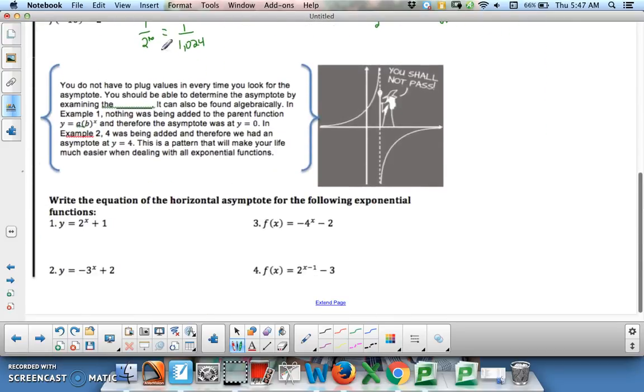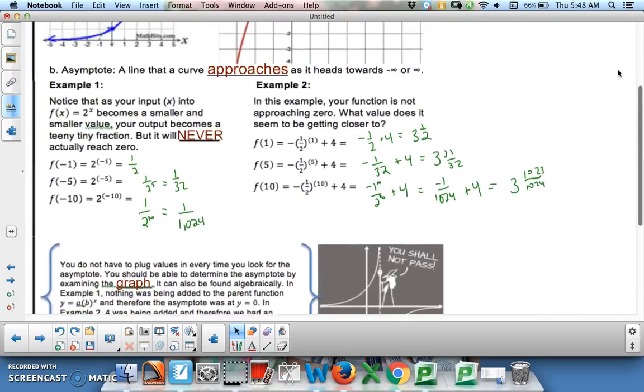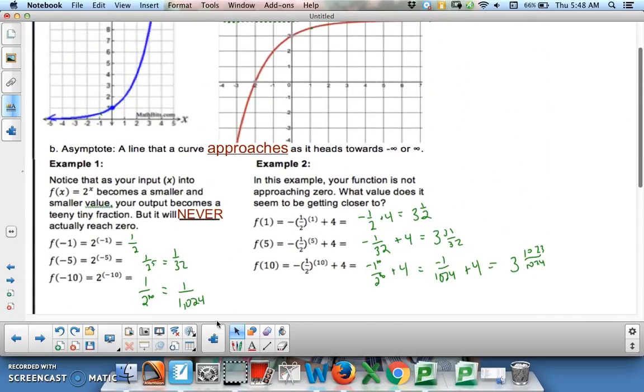You don't have to do that little plugging in game every single time. You can absolutely just look at the graph and say, hey, look, that's approaching 0, or hey, look, that's approaching 4, depending on the problem. If you're looking at this line, we say that the asymptote is the line y equals 0, because remember that for horizontal lines, we put y and then the value of y there.